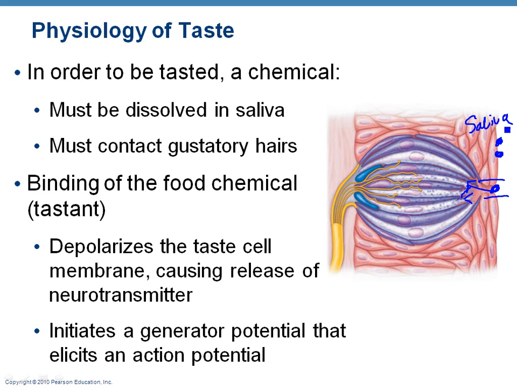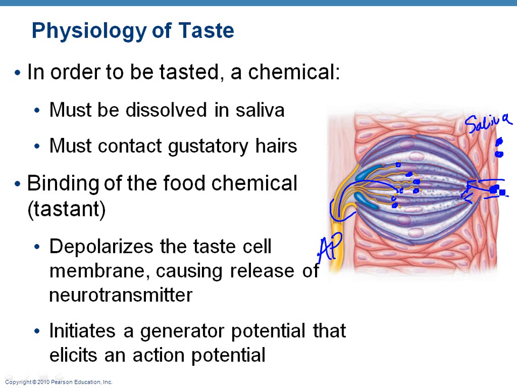So the food molecule travels through the taste pore, binds to the gustatory cells. The gustatory cells then release a neurotransmitter. That neurotransmitter is going to create what they call a generator potential, or you could say threshold potential. And then if it's significant enough, or you reach over the threshold potential, it'll create an action potential.